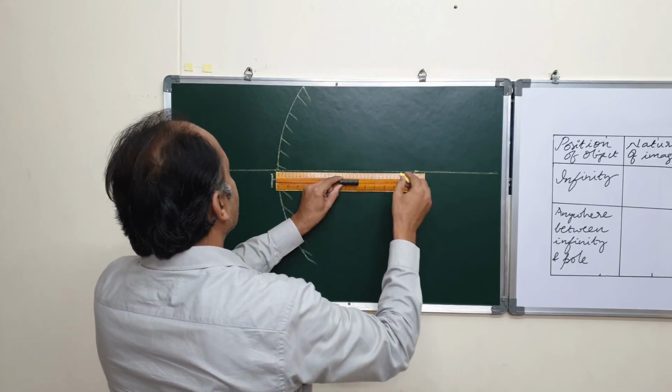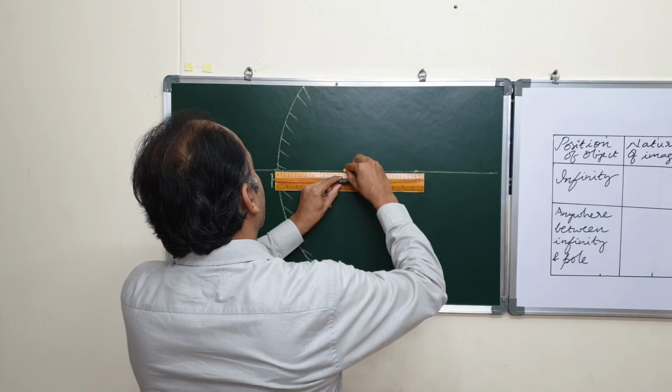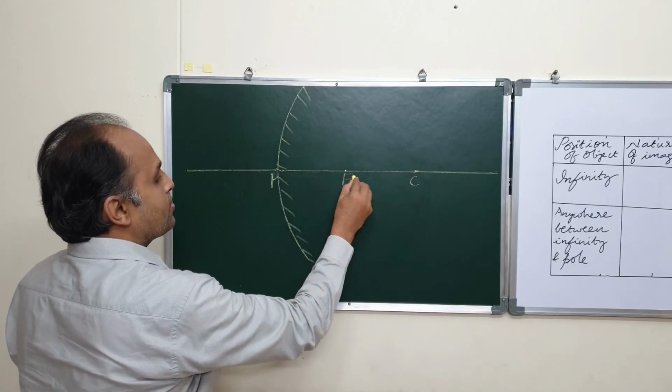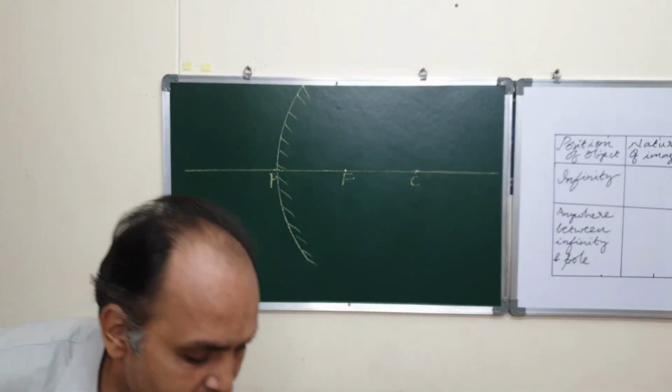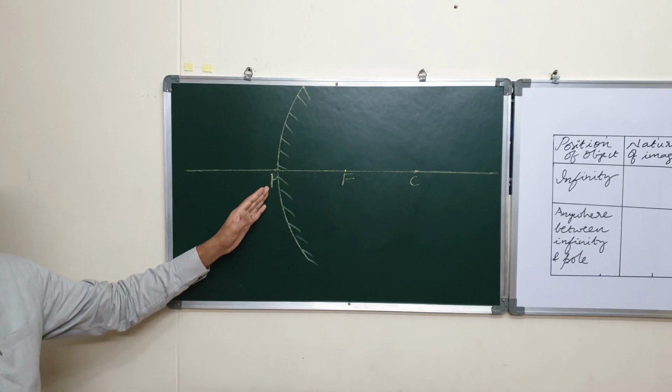So I am marking it over here exactly in the middle. So this is the focus. So we finished marking the center of curvature, the focus and the pole.